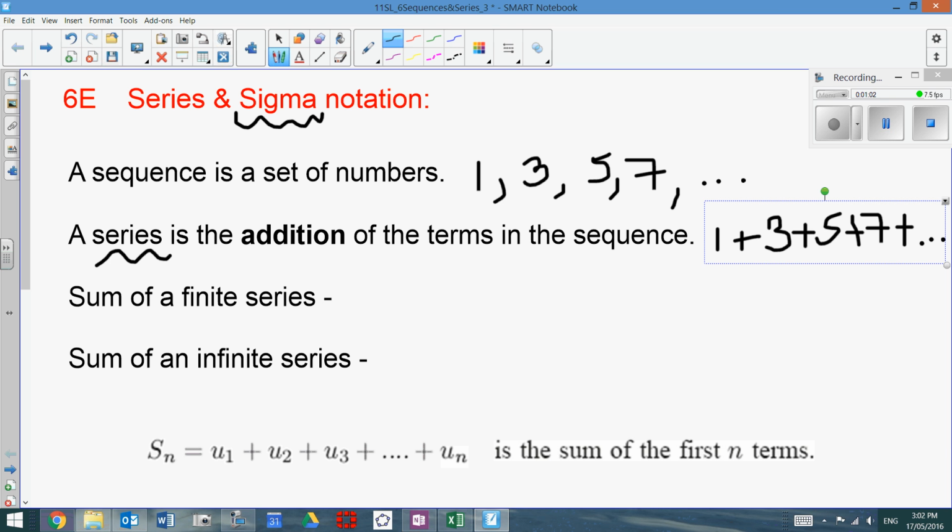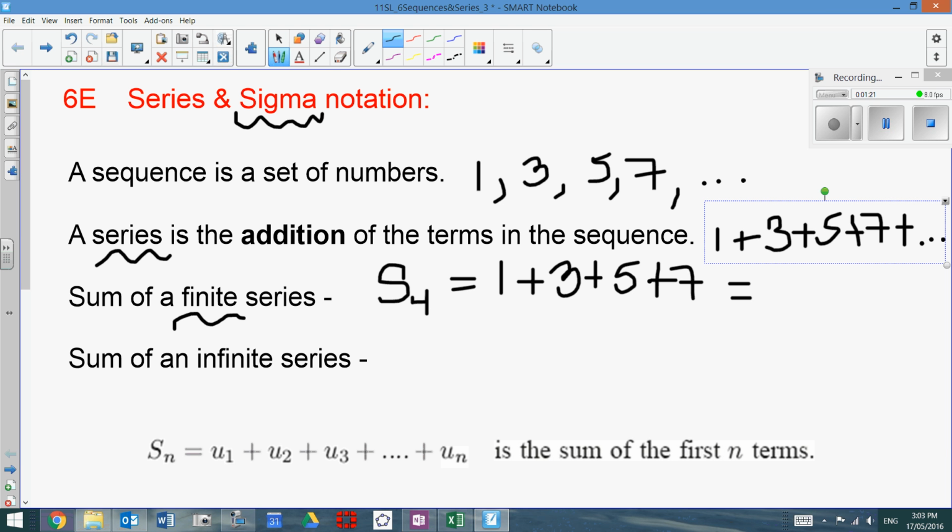If I have a finite number of terms in my series, let's say I only have the first 4, then I would add the sum of 4 values. That would be 1 plus 3 plus 5 plus 7, and then I could add them together and have my answer.